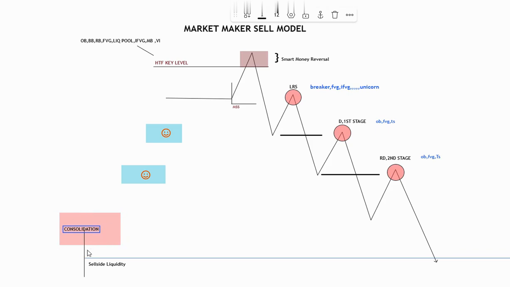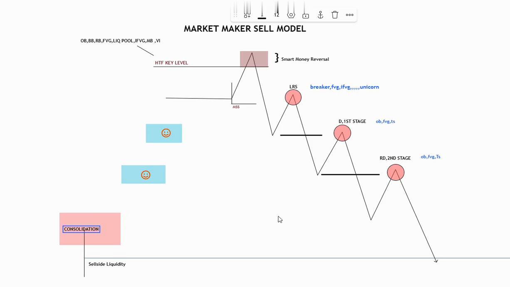If you are targeting this region here, it can be a sell side liquidity sweep, or a previous day low, or a previous session low. You've seen those things, right? Majorly that is what we are targeting.